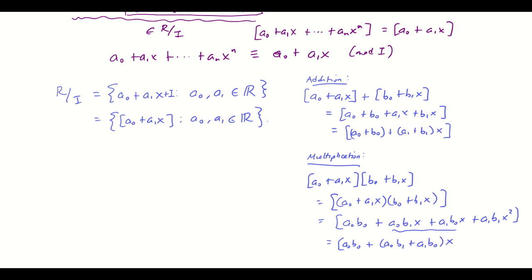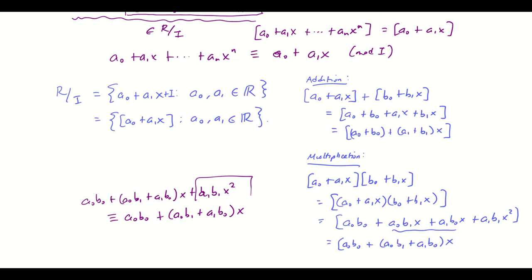But then I'm just going to stop for a second and think. I know that a0 b0 plus a0 b1 plus a1 b0 x plus a1 b1 x squared is congruent to a0 b0 plus a0 b1 plus a1 b0 x.